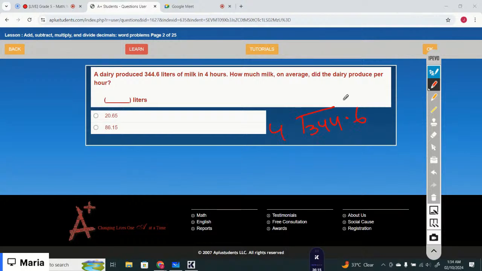You need to count the table of 4 until 32. 4 times 8 is 32, then subtract. 4 times 6 is 24, decimal point over here, 4 times 1 is 4, and 4 times 5 is 20. So the correct option is option number 2, that is 86.15.